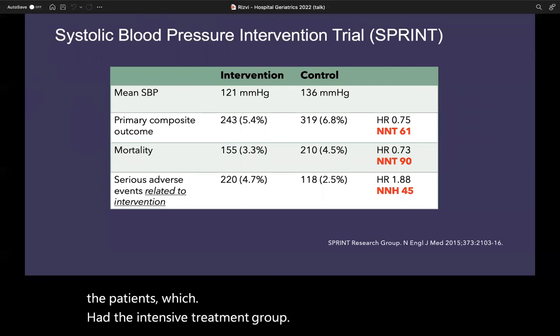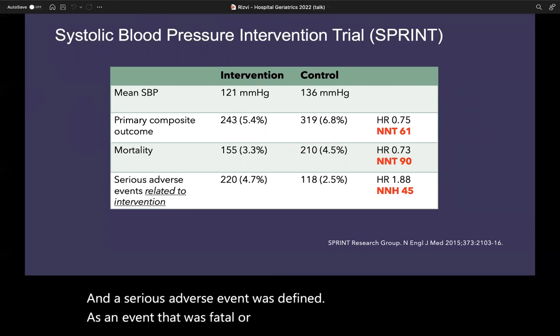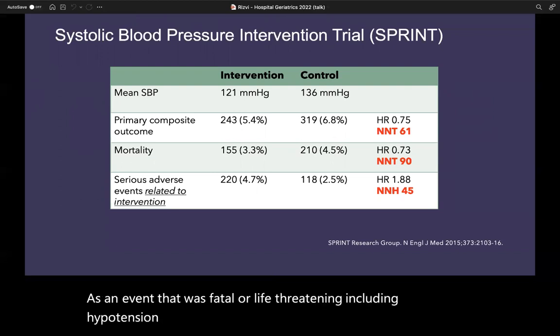A serious adverse event was defined as an event that was fatal or life-threatening, including hypotension, syncope, electrolyte abnormalities, acute kidney injury.